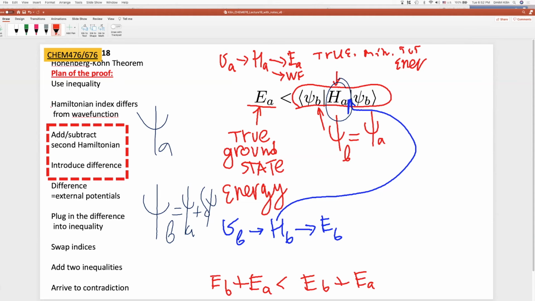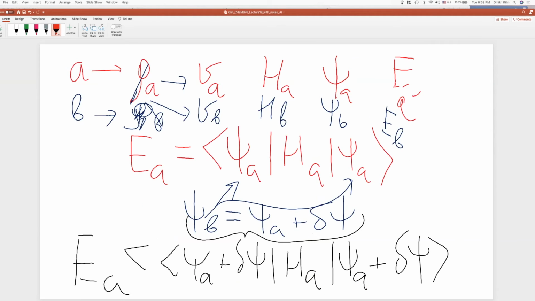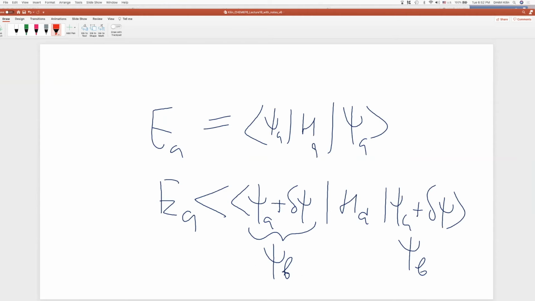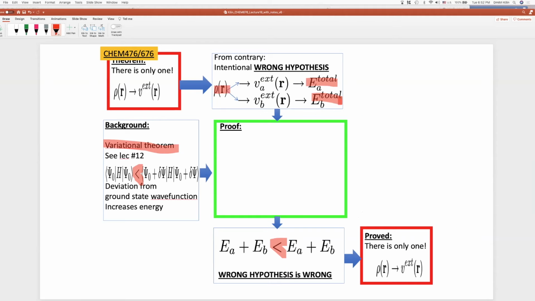Dr. Kirin? Yes? What's the significance of the two energies? Why do we have two energies? So the theorem tells that from one density, one gets one total energy. Because in our practical assignments, for each molecule, we were finding one total energy, right?